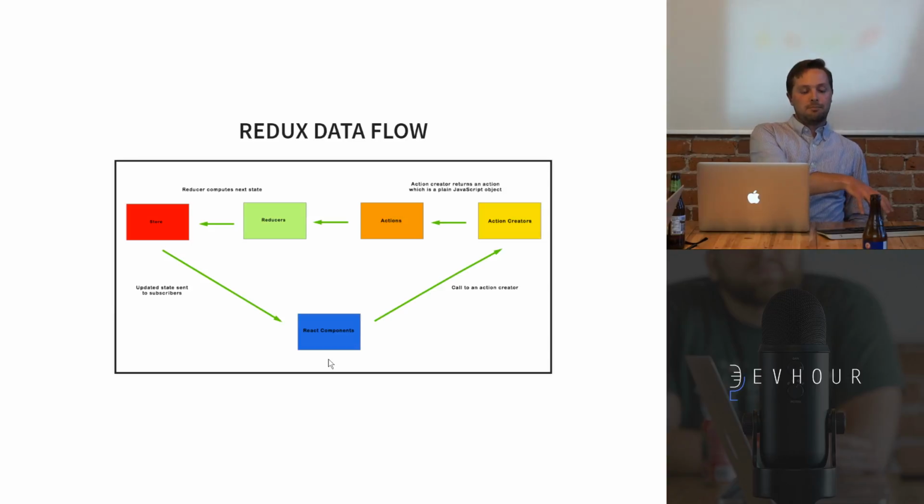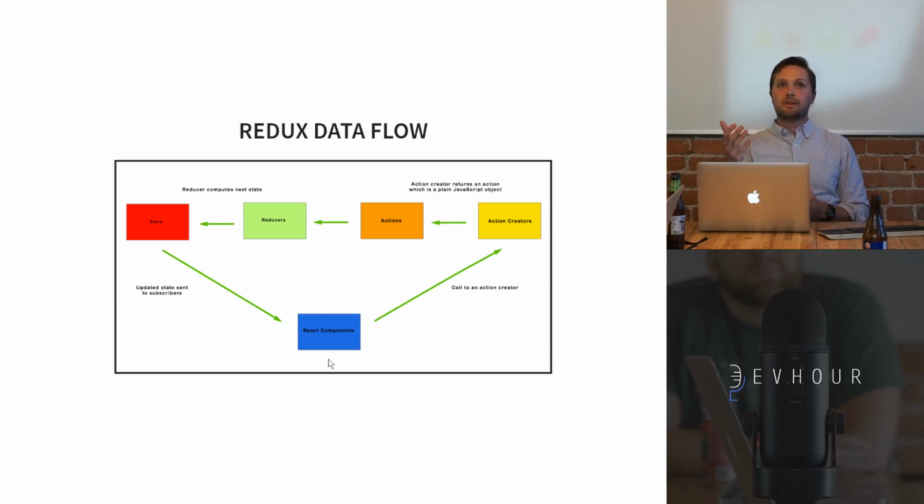So in our instance, if we wanted to have just a to-do reducer, we could build it that way, where we had one reducer that was responsible for all the to-do actions that we had. And then if we ended up building out another aspect of our application, which required a different reducer, we could do that and we could keep them separate. But then when we're bootstrapping our application, we would want to combine them.